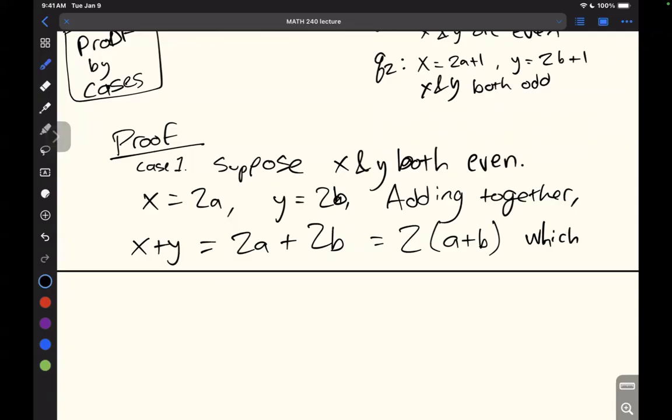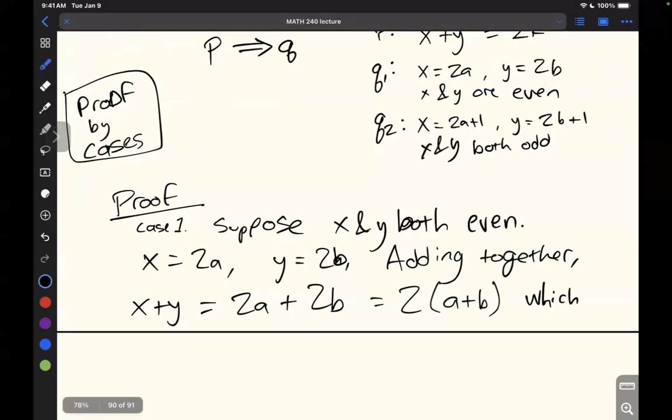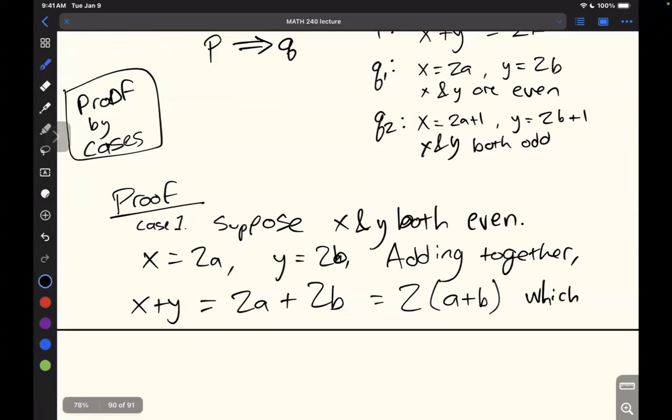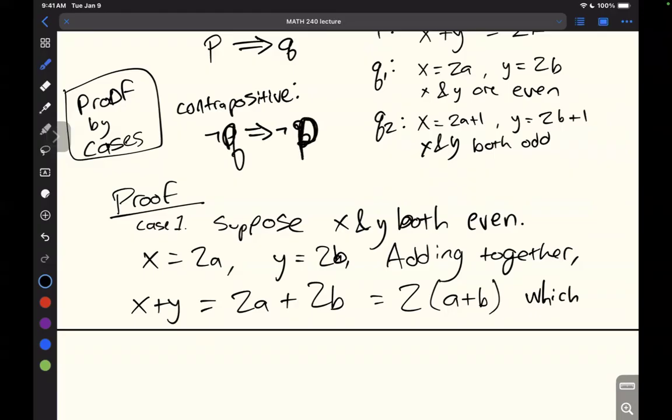What's the mistake that I made? Well, did I make a mistake? Nope, I messed it up. I kind of made a mistake, but I also kind of didn't.